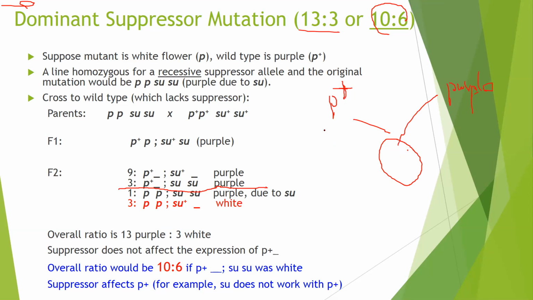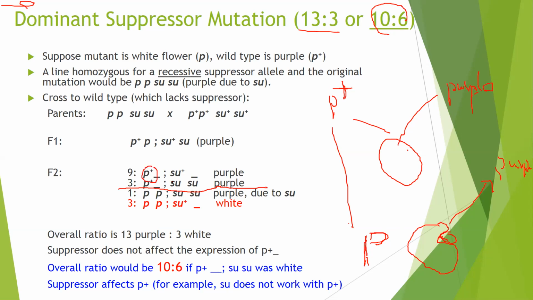Another case is, if there's a mutant of the P, it can produce a protein that cannot work by itself. So it needs something to bind such that it can produce purple. If this is the situation, then this makes sense, right?